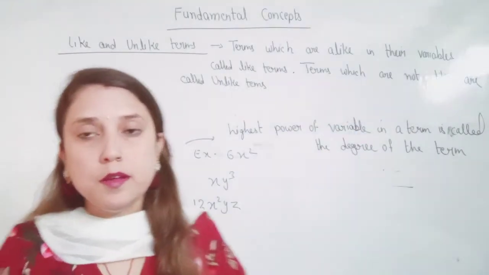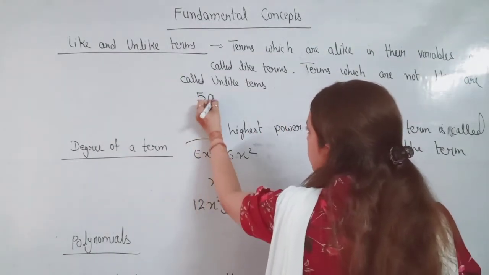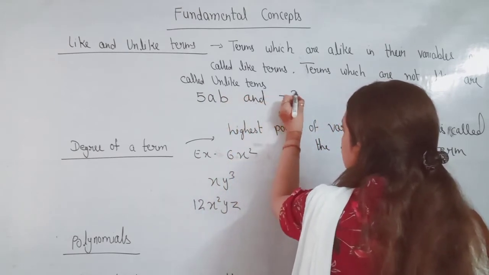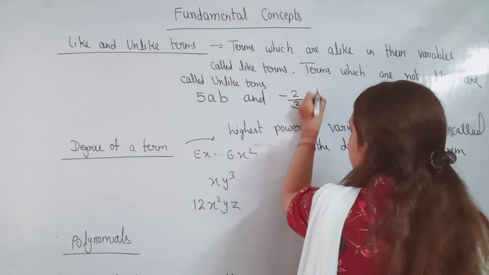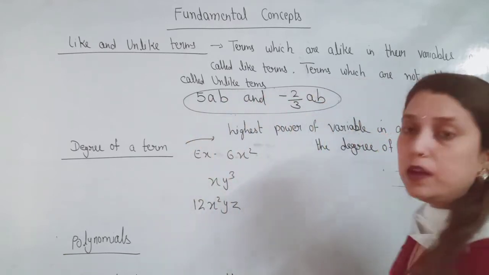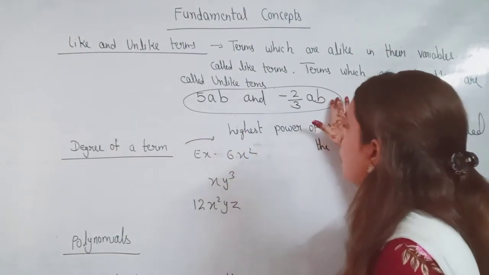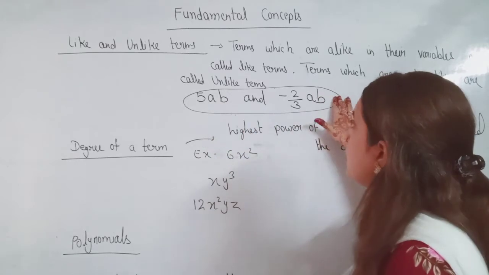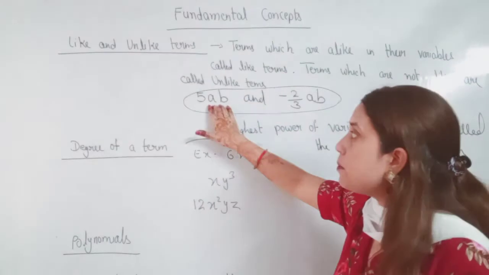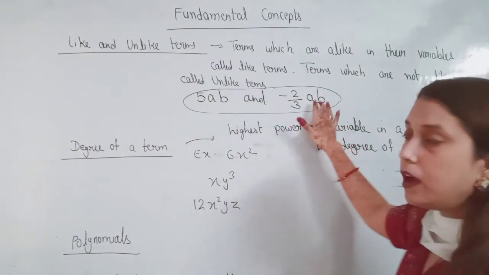Let's understand with an example. Suppose we are having 5ab and minus 2 by 3 ab. So this is called like terms because in both the variables are the same. AB are two variables, and in this term also AB are two variables.